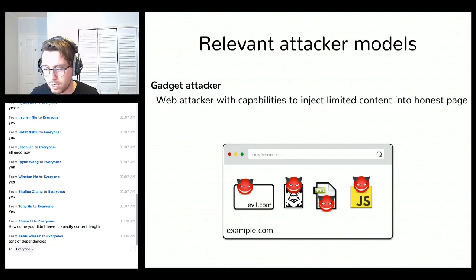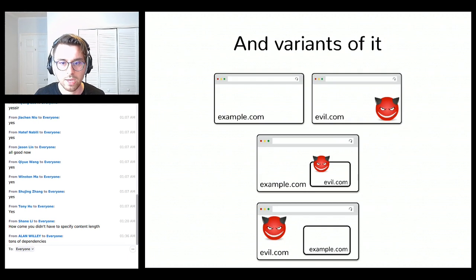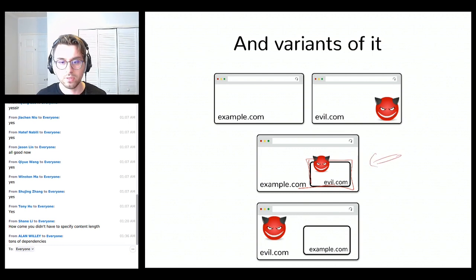Or you might load a page that's not necessarily evil, like example.com, but example.com loaded an iframe, and that iframe actually contains the attacker. This might be, for example, an ad. So we're worried about how to defend against this case. If we're building a web app and loading potentially untrusted ads, how do we build a secure web app like that?